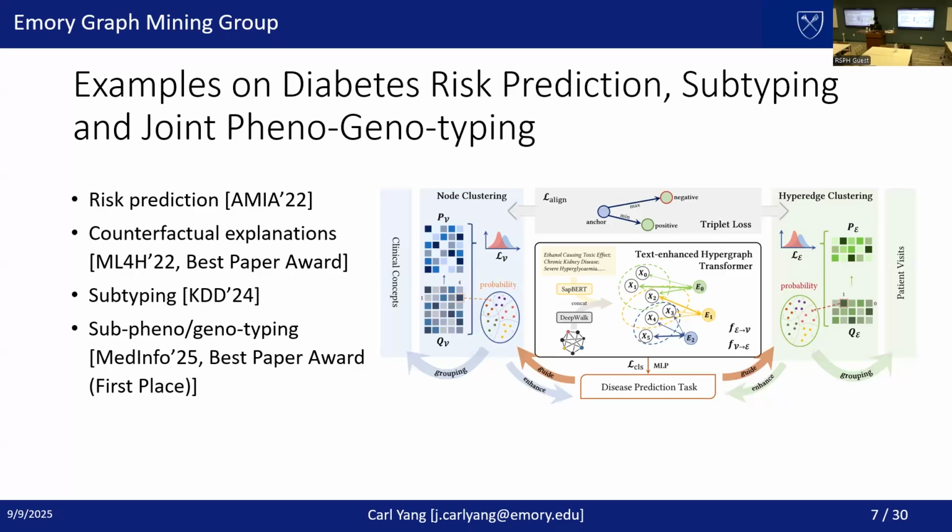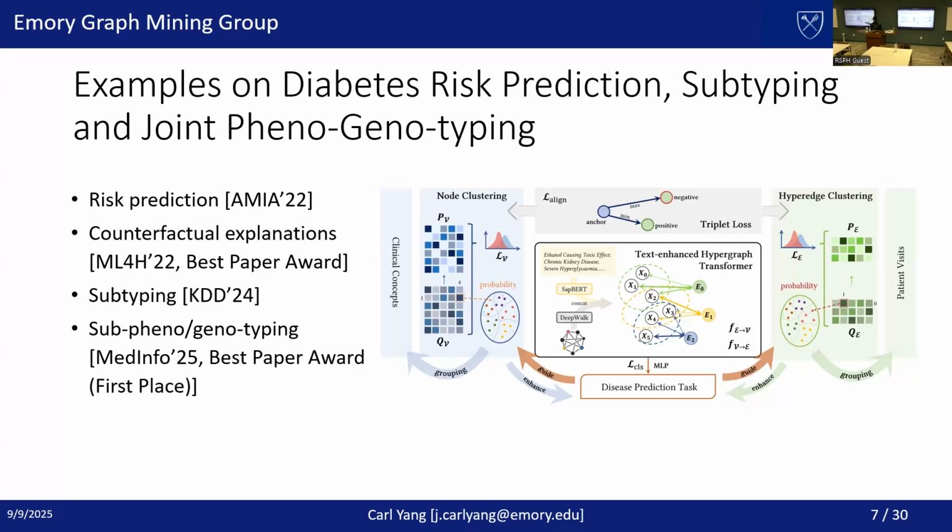Then the idea to do subtyping, our first paper on subtyping, the KDD paper, was basically on, can we learn a joint clustering or a joint grouping of the nodes and the edges on the two sides, right? So what that means, on the feature side, remember, these X are basically risk factors or the features of the patients, right?